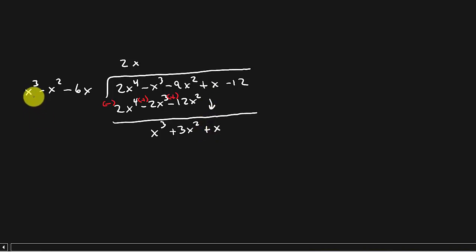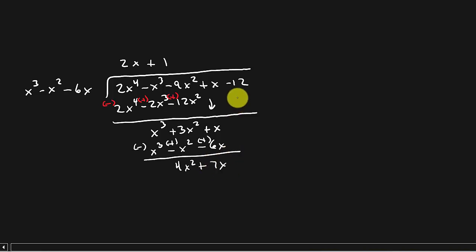All right, now what do I multiply to this to get this? Well, that's a 1. And so that's going to be x cubed minus x squared minus 6x. Change the sign of each term and add. So that's 4x squared plus 7x, and then bring down the next term, minus 12.